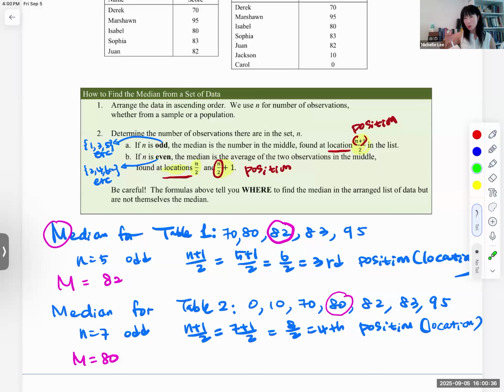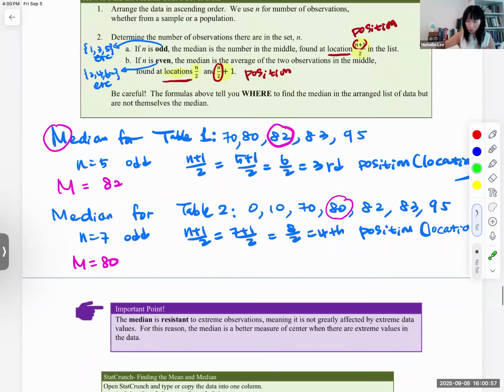That is a 20 score gap. But the median, look, 80 to 80, not much change. So the mean earlier was very sensitive to extreme observations. How about the median? We can say that the median is resistant.